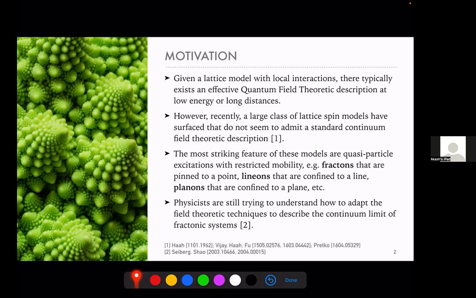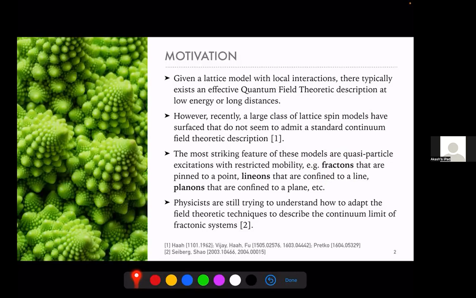But as it turns out, in recent years, by recent I mean the last 10 years, there have been some new lattice models that seem to violate some of our intuitions about quantum field theories. In particular, at least to me, one of the most exotic features these systems have are these things called fractons.